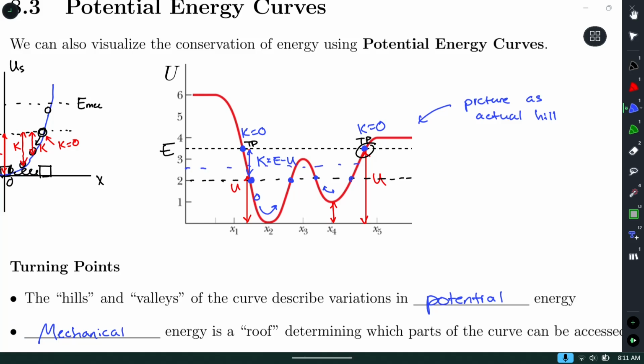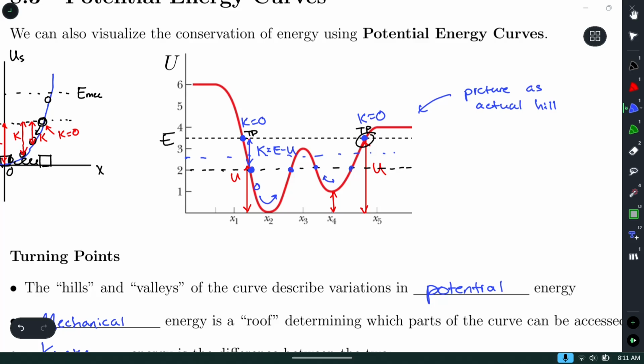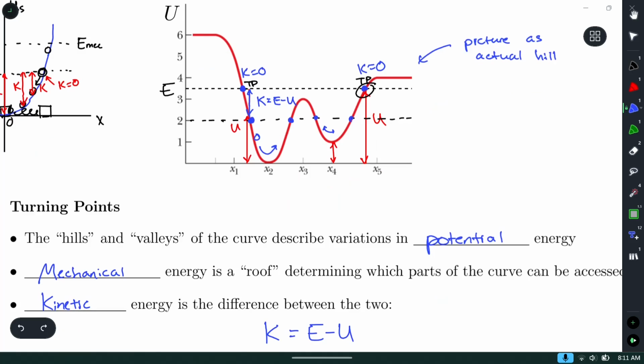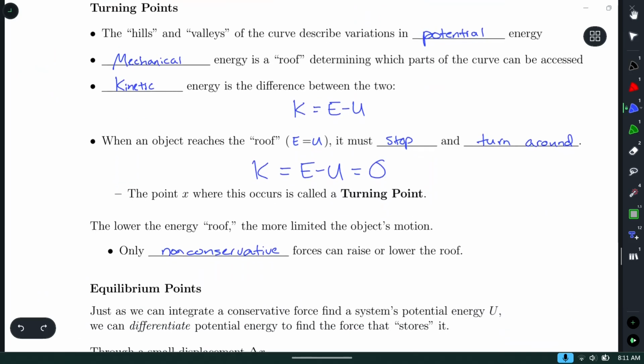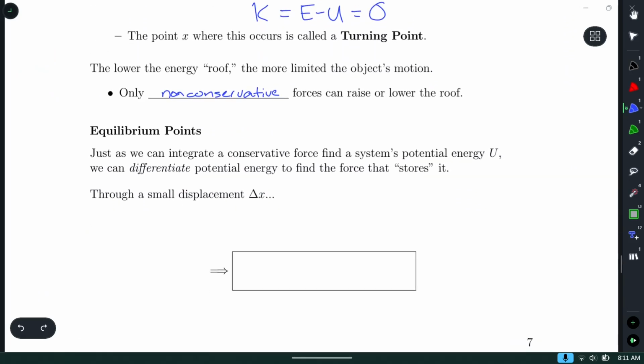It's the idea of the boulder doesn't make it as high after each cycle back and forth. Or I could input more energy, give the boulder a kick, and that will raise that energy level, my total budget. And that raises also how much is available for the kinetic account at any time. Okay, so that's turning points.